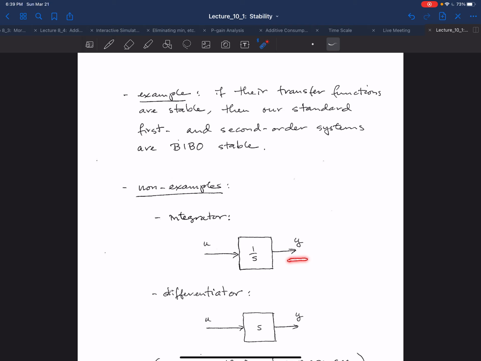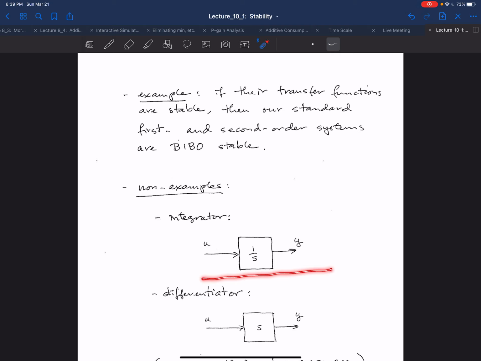The integral of a step is a ramp which goes on growing and therefore cannot be bounded. You can choose any m, and at some time the ramp is going to exceed that value of m, or its absolute value is going to exceed that value of m. So if you feed a bounded step input into an integrator, you get an unbounded ramp. Therefore, an integrator is not bounded input, bounded output stable.